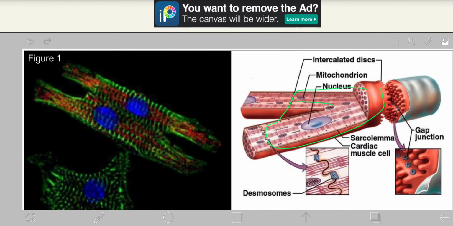It has two branches like this. These cells usually have one nucleus or two at most, which is very different from the skeletal muscle cells that have a lot of nuclei. So these ones have only one or two, and they are attached to each other.